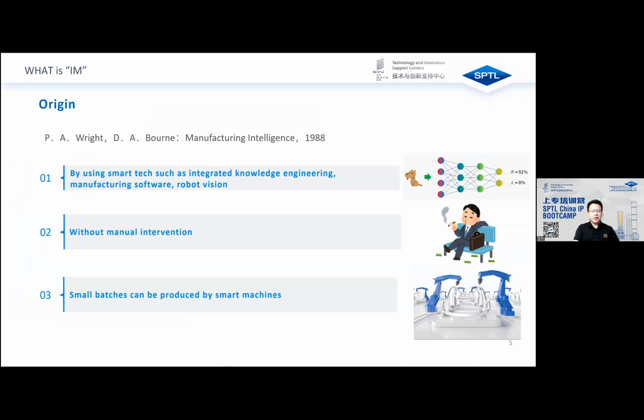In this work, IM is defined as a manufacturing technology by which small batches could be produced without manual intervention by a smart machine, which features using smart techs like integrated knowledge engineering, manufacturing software, robot vision, and so forth.